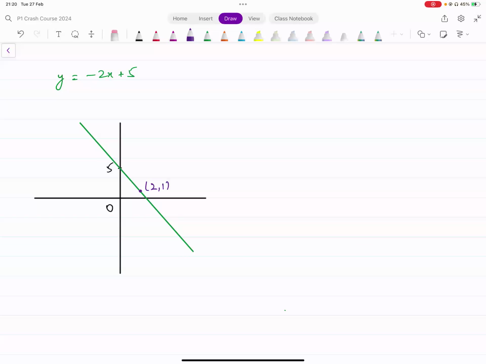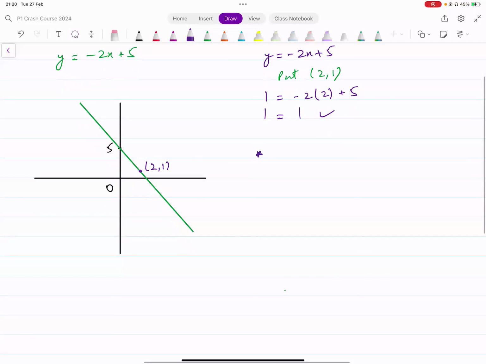If you were to put this point in this equation, y equals minus 2x plus 5, the equation would be satisfied. If you put 2 and 1, the left-hand side would be equal to the right-hand side. You would get 1 equals minus 2 into 2 plus 5. And that gives you 1 equals 1. That means this point lies on this line.